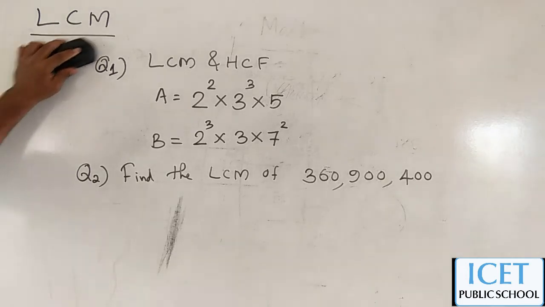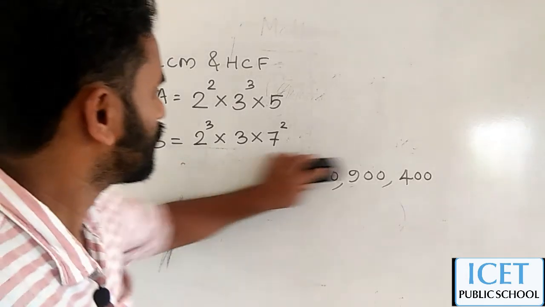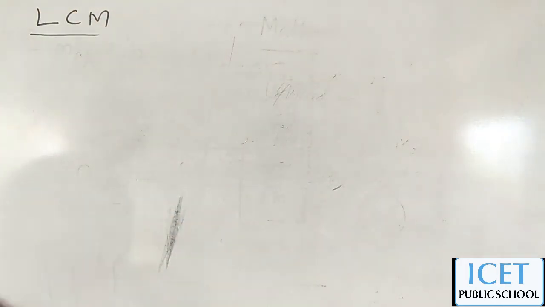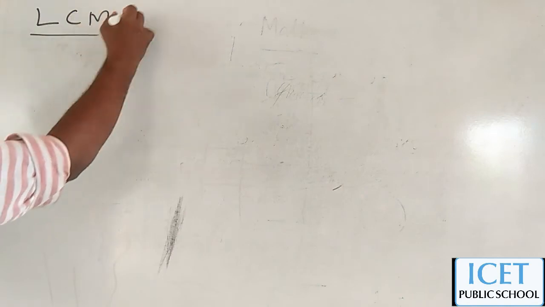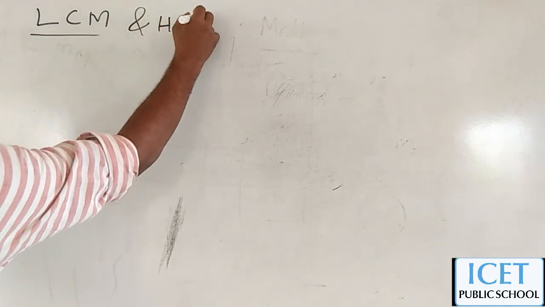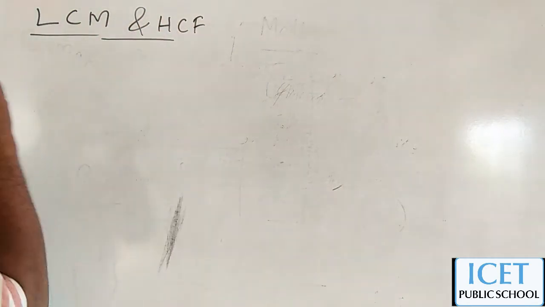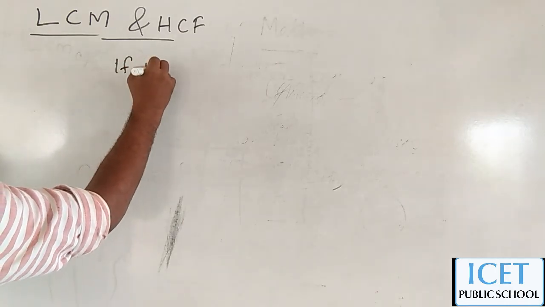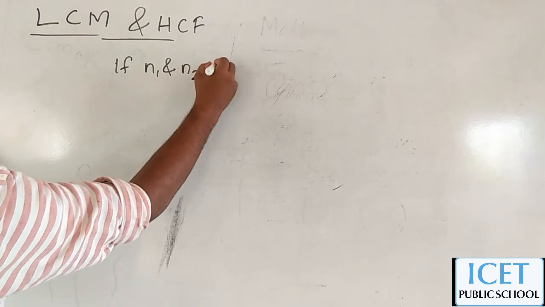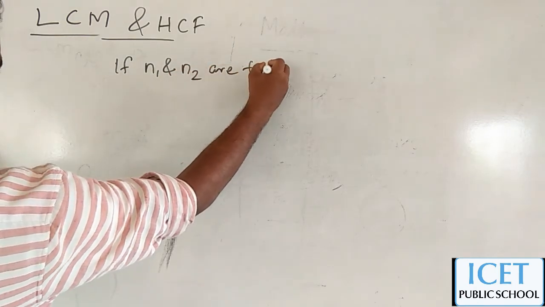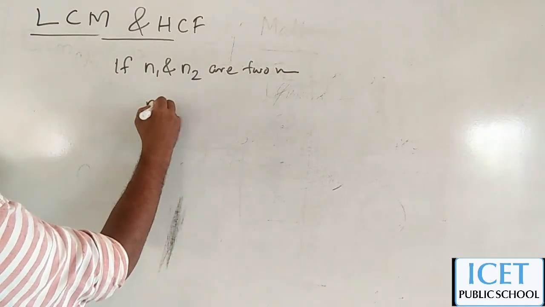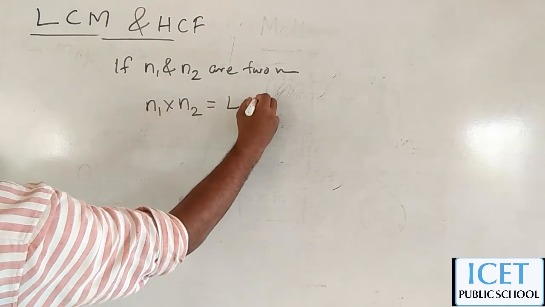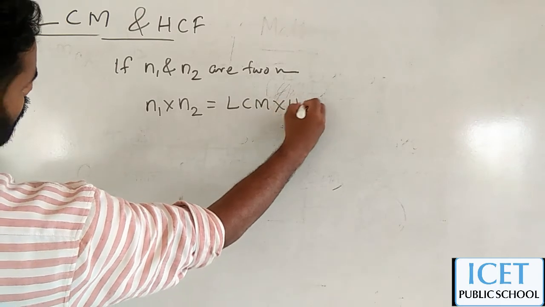Okay. Then next we have to discuss relation between LCM and HCM. It is nothing. You have to know that if 2 numbers are there, if n1 and n2 are 2 numbers, then n1 into n2 is equal to LCM into HCM.